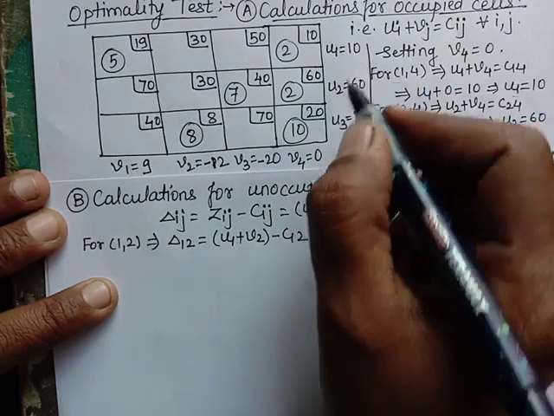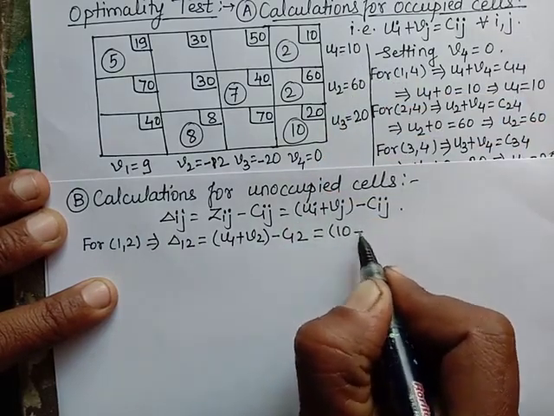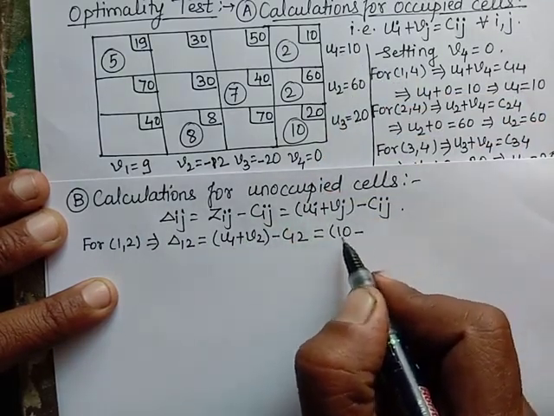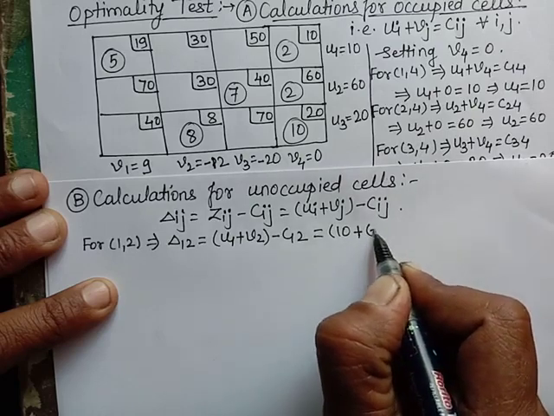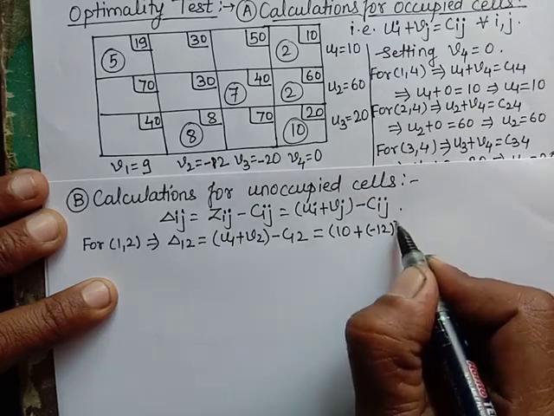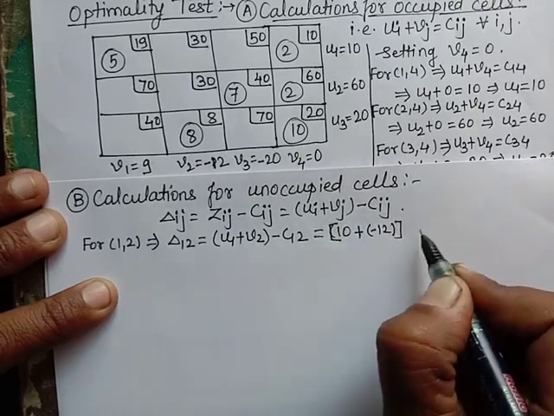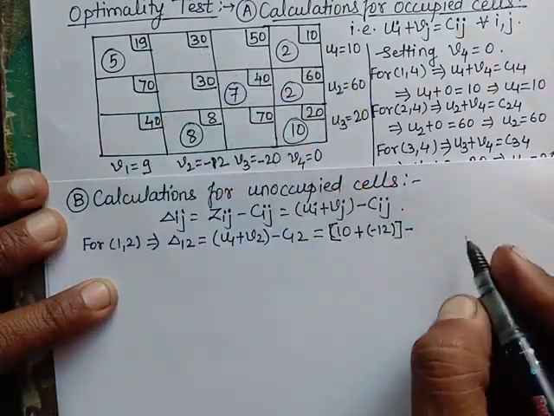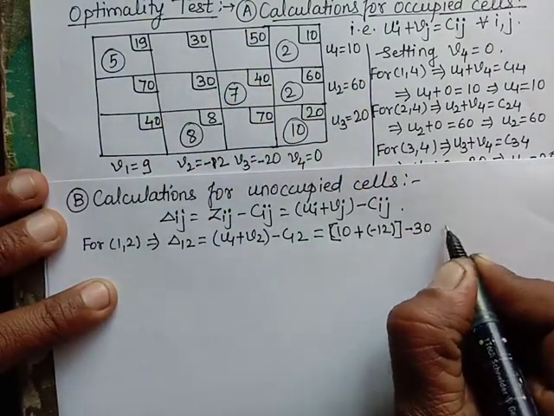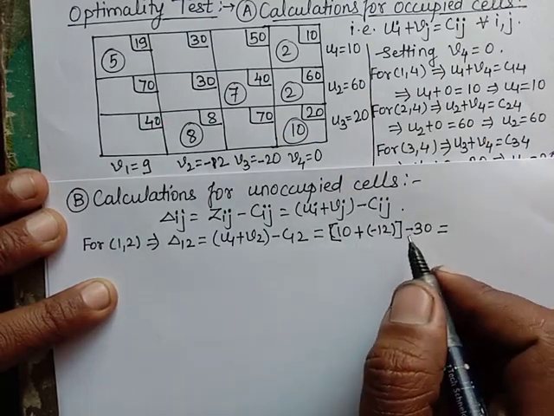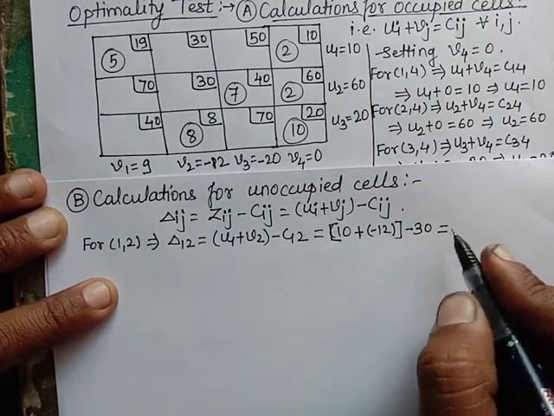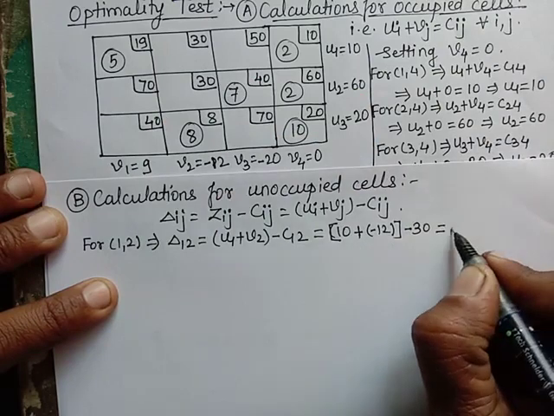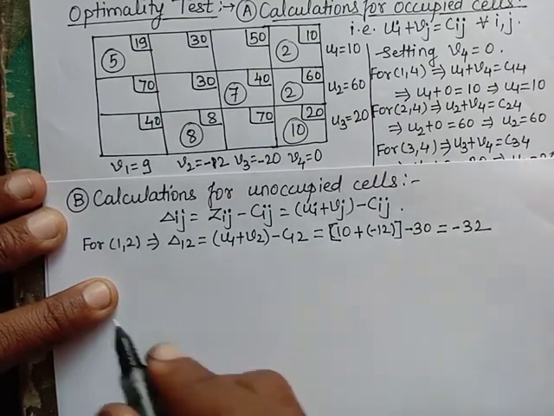So U1 is 10, plus V2 is minus 12, minus C12, which is 30. So it will be minus 32.